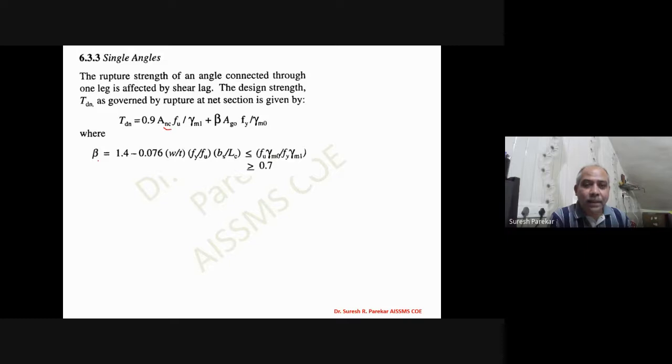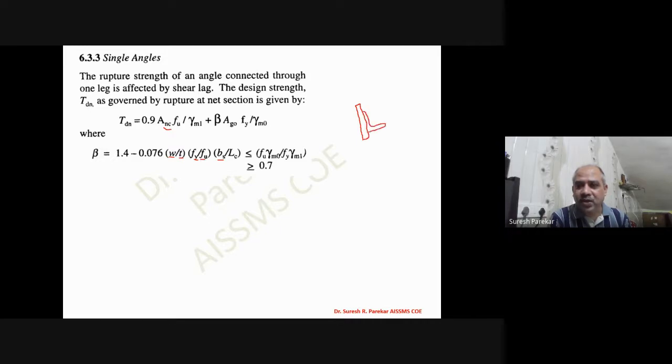And now this beta term plays a very important role. We have b in this, which is your outstanding leg, t is thickness, Fy is yield stress, Fu is ultimate stress. For a bolted connection, bs is w plus wl minus t, and wl is the gauge distance for bolts.